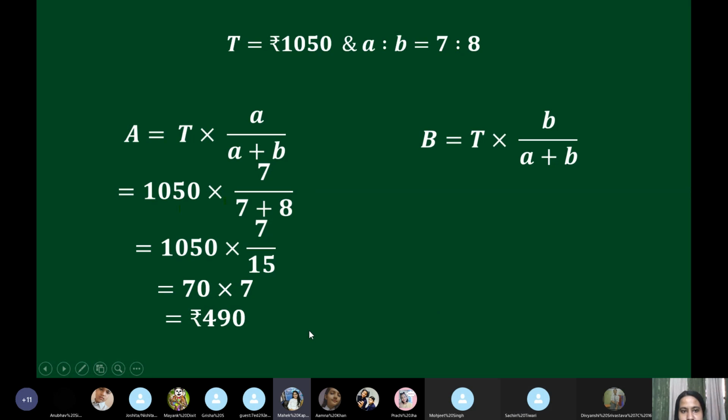Yes, ma'am, in A the numerator is A, and in B the numerator is B. So understood, the rest of the formula will be the same.